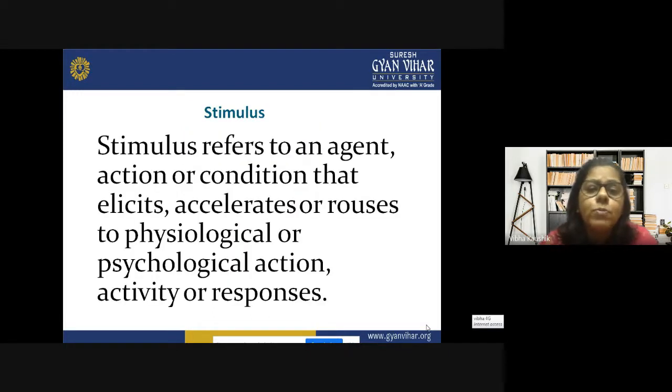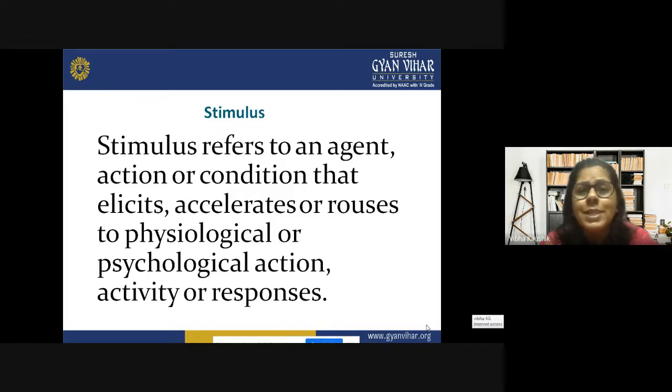Stimulus. Stimulus refers to an agent that is motivating you to perform an act, an activity, action or condition that elicits, escalates, or rouses physiological or psychological action, activity, or responses.